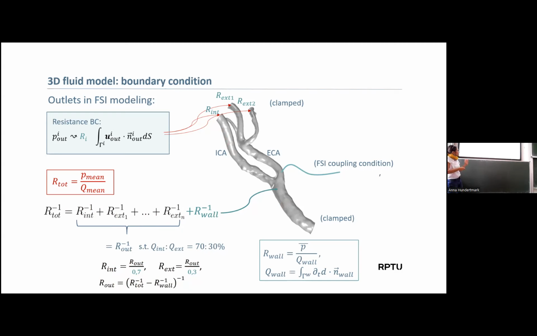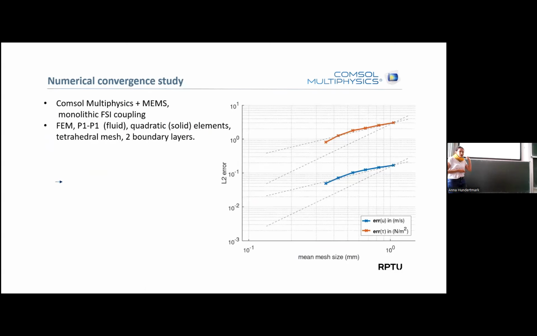Okay, so now we have all, and we also have the resistance boundary condition in the case of fluid structure interaction. And probably later on you will see the difference between implementing this boundary condition in the fluid structure interaction case and implementing the zero stress boundary condition, which is really not physical. Okay, why not physical? Because we have measurements.